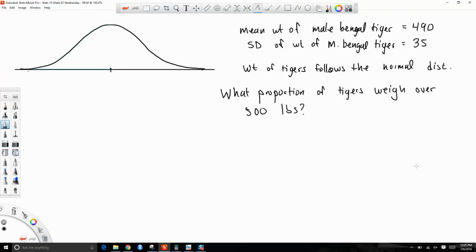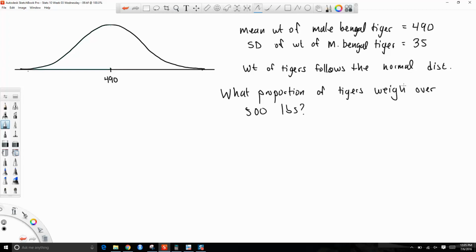So what we have here is that the mean is 490, and I made up a number and said the standard deviation is 35. This number could be very wrong, but we'll pretend that we know the standard deviation is 35. And so I'm asking, based on this, what proportion of tigers weigh over 500 pounds?